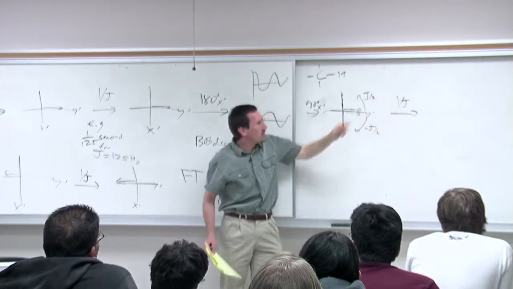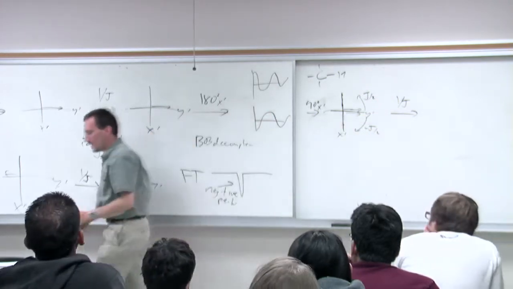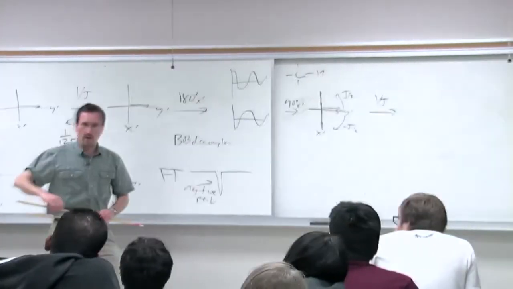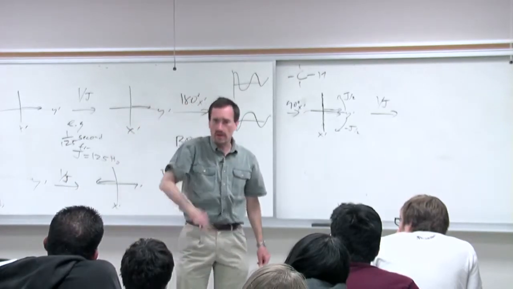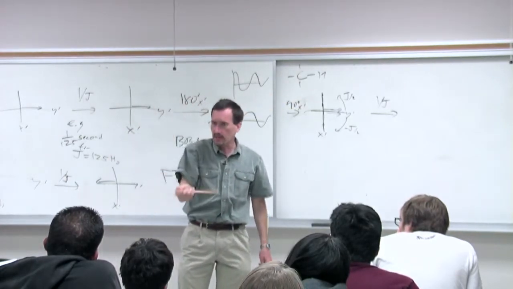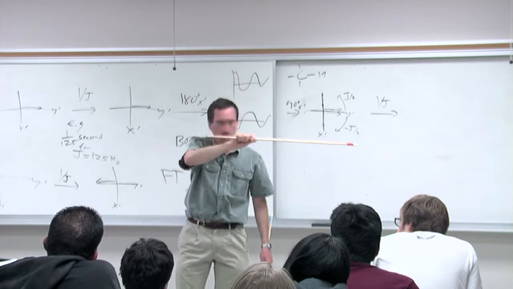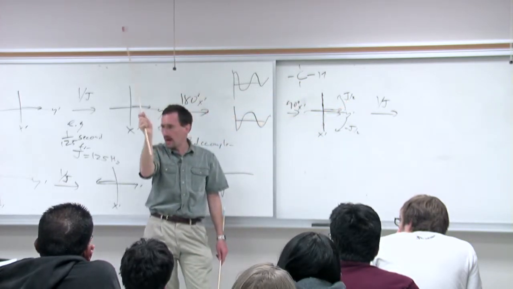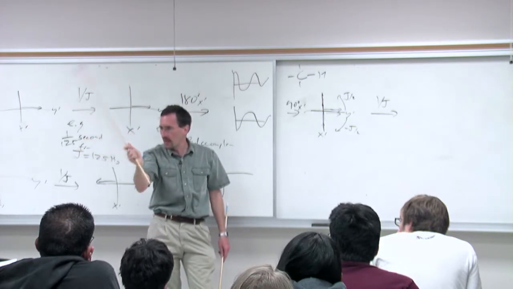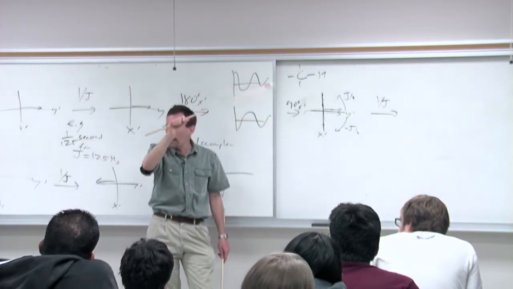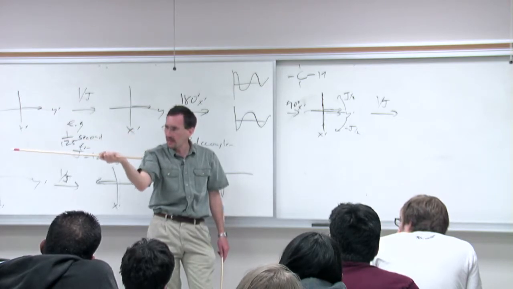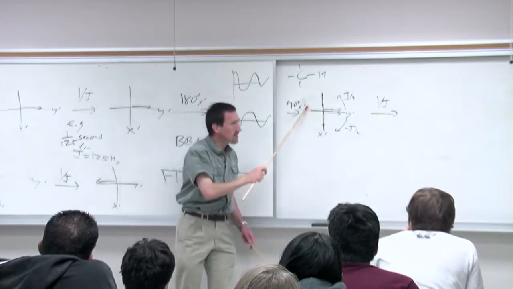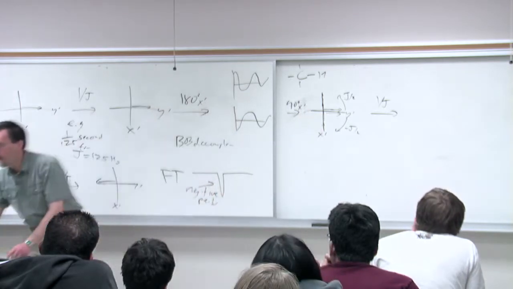In other words, our angular velocity for J is going around 125 times a second. But we're going around at J/2, so we're going around at half that angular velocity. So if you wait 1/125th of a second, where do you get to? 180. So you get to the negative Y prime axis.